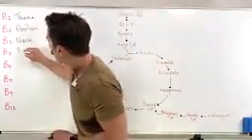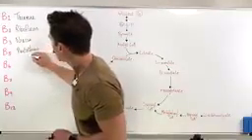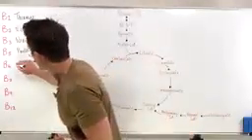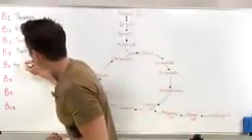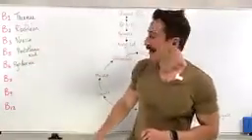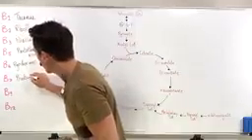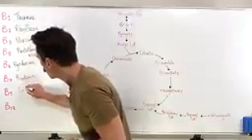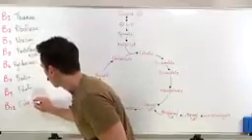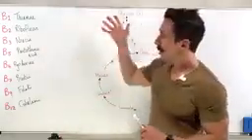B5 is known as pantothenic acid. B6 is known as pyridoxine. B7 is known as biotin. B9 is folate. And B12 is cobalamin. So these are our B vitamins.